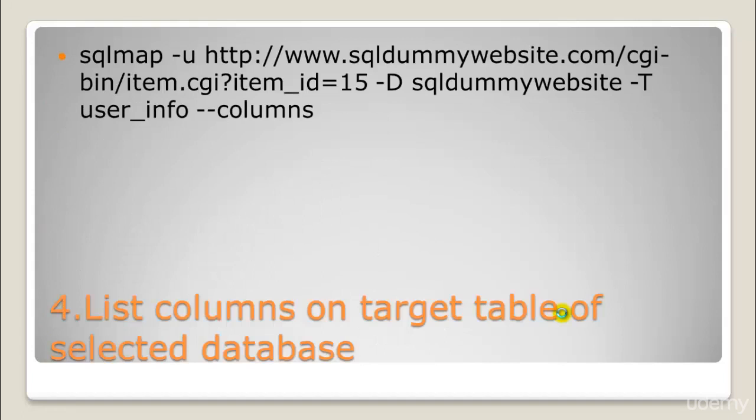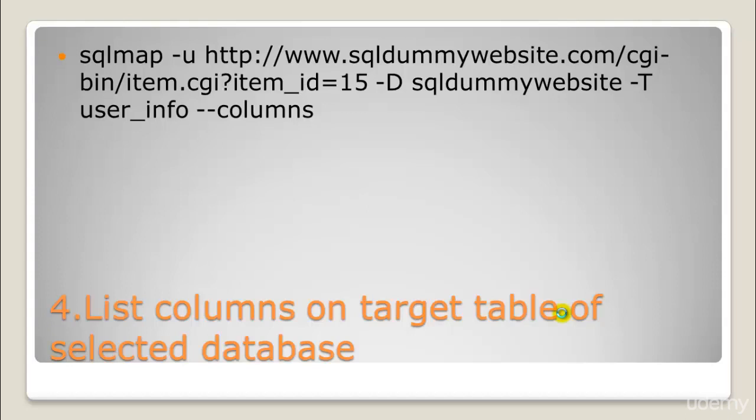So now coming to step 4, we need to list all the columns on the target table of the selected database using SQL map SQL injection. So now we need to list all the columns on the target table user info of the SQL dummy website database. SQL map makes it really easy by running this following command: sqlmap -u http://dummywebsite.com -D SQL dummy website -T user info --columns.